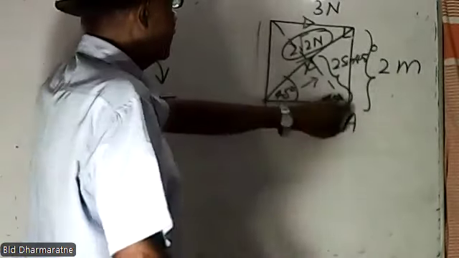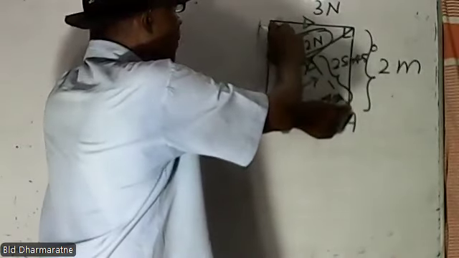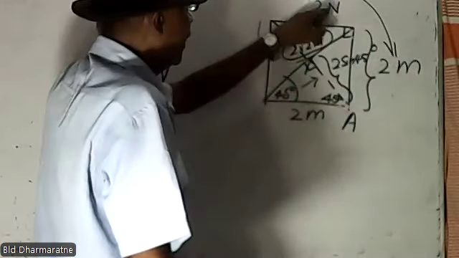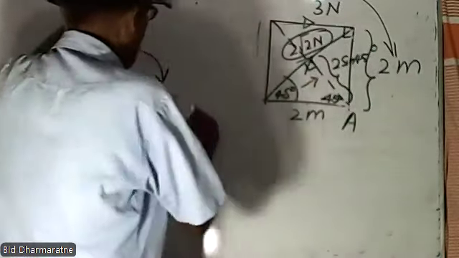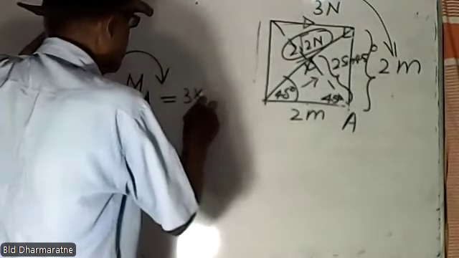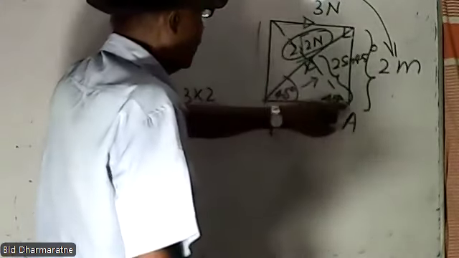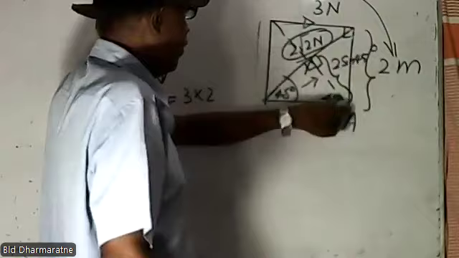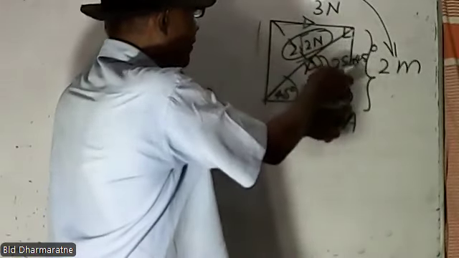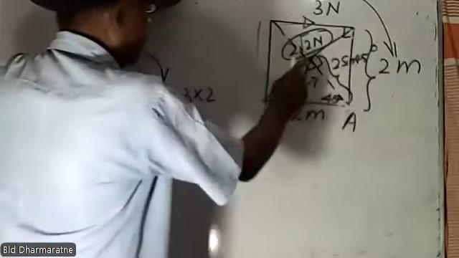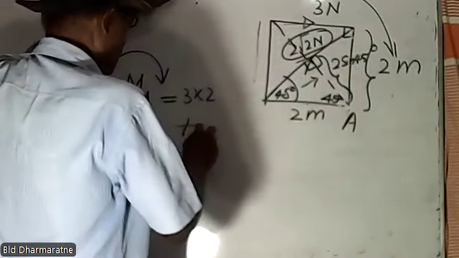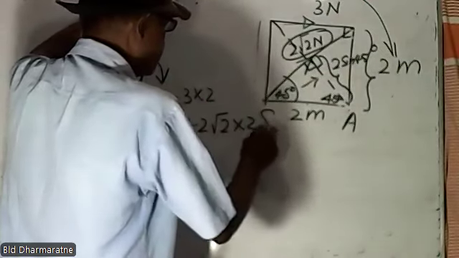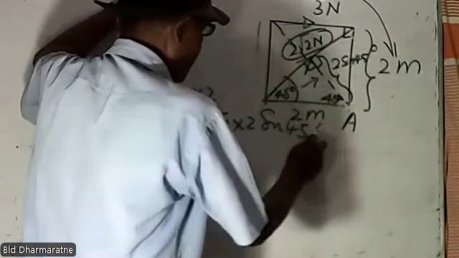This point has the 3 Newton force applied. This is in the clockwise direction, already positive. 3 into 2, perpendicular distance 2. Now for this force, the perpendicular distance is 2 sin 45, and the force is 2√2.